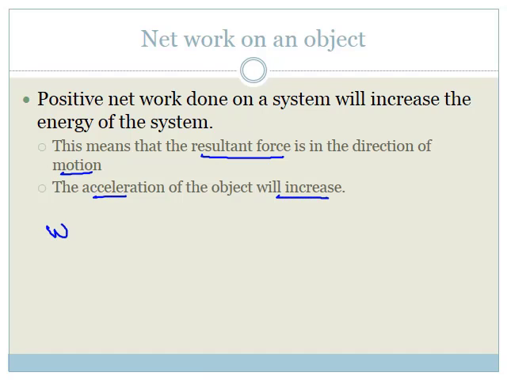Let's think about this. W net is equal to F net delta x cos theta. Let's not worry about the cos theta, that just gives an angle. Let's pretend that it's horizontal so we can ignore that.